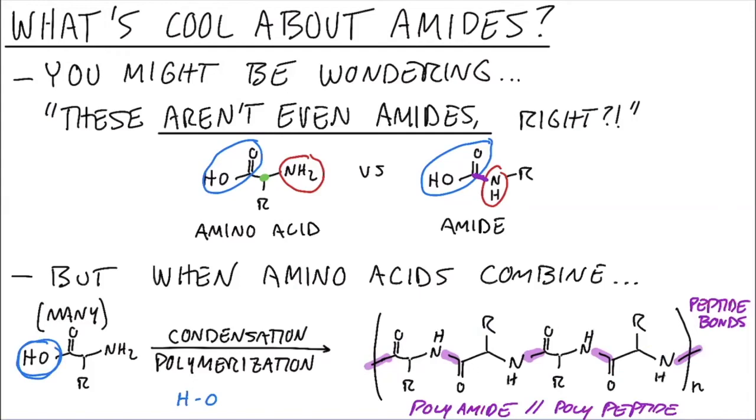I forgot to draw them in, but now there they are. So that means that one of these hydrogens must have been lost in the polymerization reaction as well. So if we tally that up, we've lost a total of 2 H's and 1 O, which means we made water and we condensed water as a byproduct of this reaction.